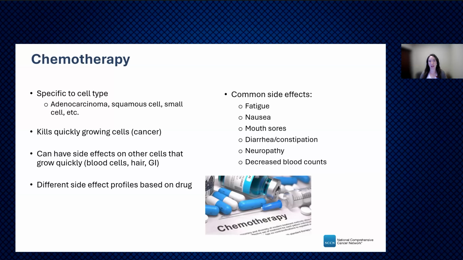And the main thing here, decreased blood count, is the effect that the chemotherapy can have on blood counts, where once we give you the drug, we drop your blood counts, and with some more time, further out from the date you had chemo, they work their way back up.